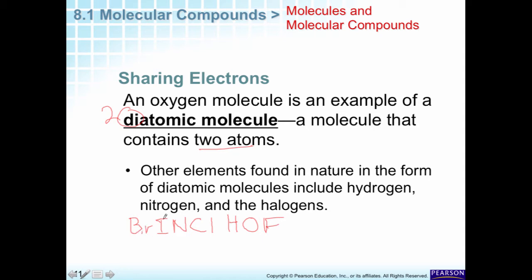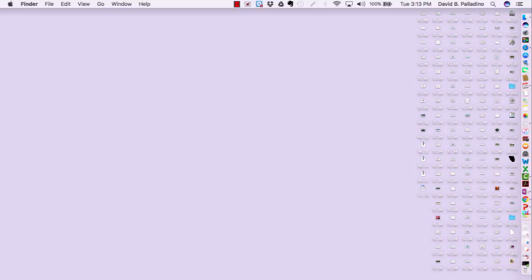So we have bromine, iodine, nitrogen, chlorine, hydrogen, oxygen, and fluorine. There's 7 of them. Now, I'll also show you something that's really kind of cool. Let me go to the periodic table.